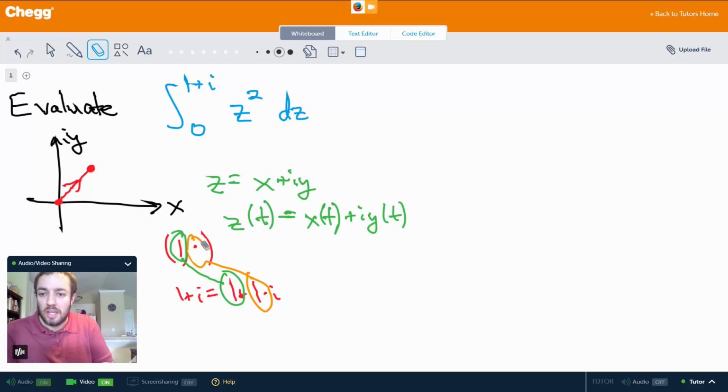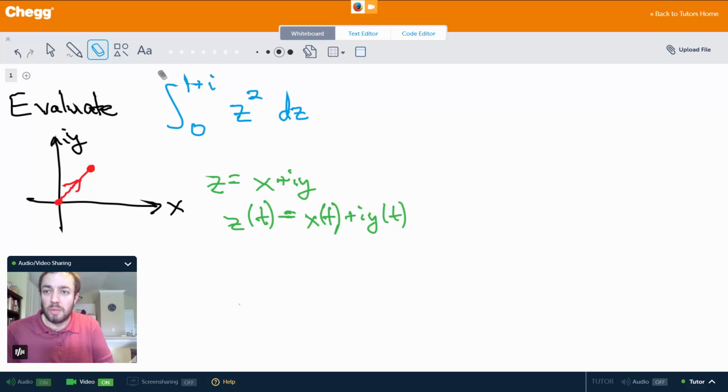Okay, and then what we can do is look at our path here and see what kind of path we have. Well, we just have a straight line that goes from (0, 0) to (1, 1).